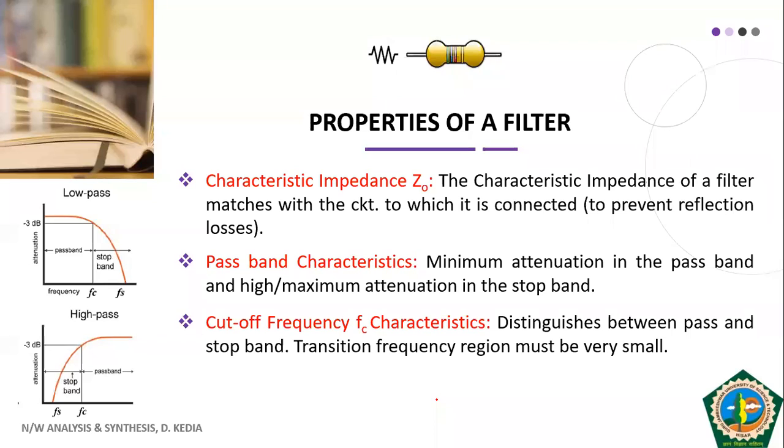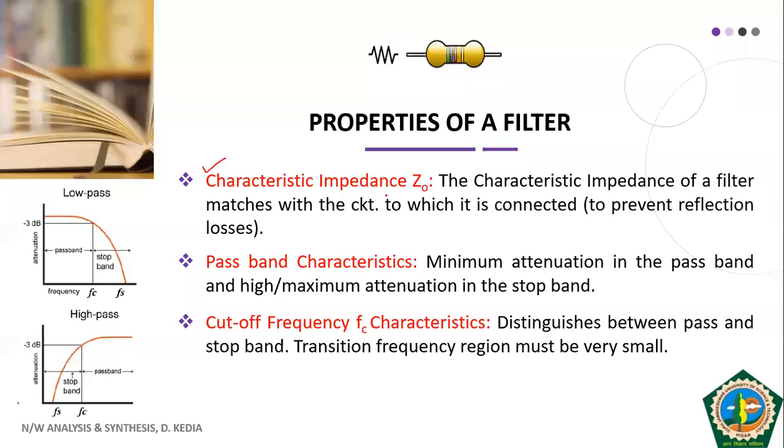Though we have already talked about these properties in the previous slide, just for the sake of completeness, I'll again tell you, and a few things are new also here. So first and foremost property of your filter is characteristic impedance.